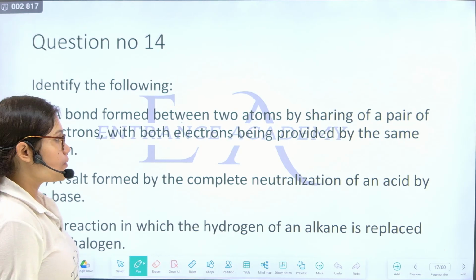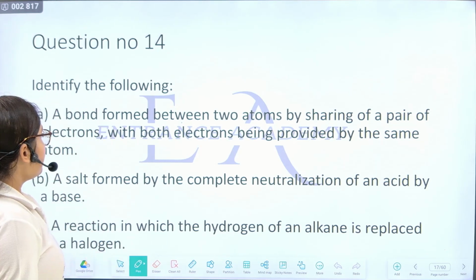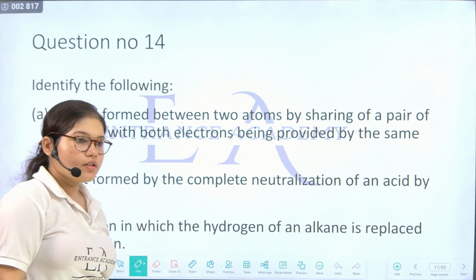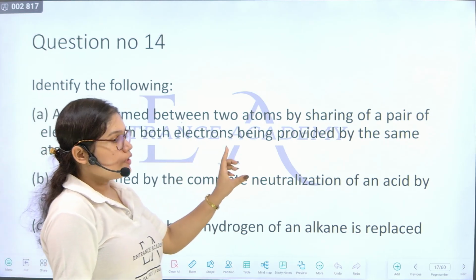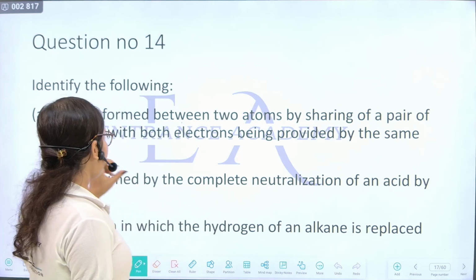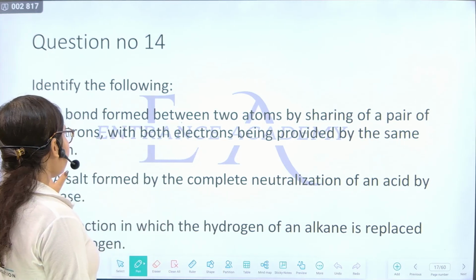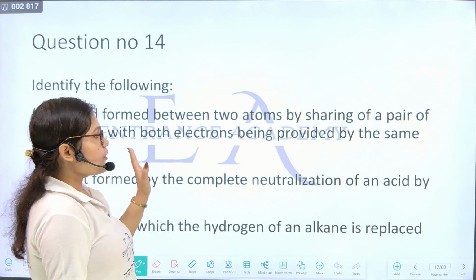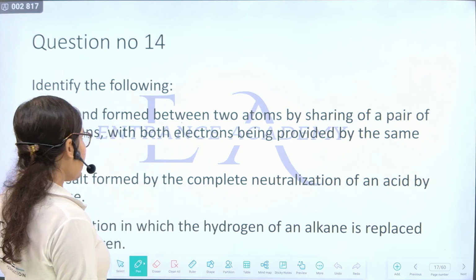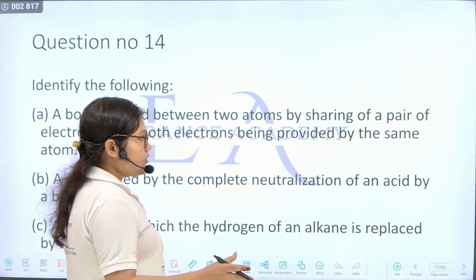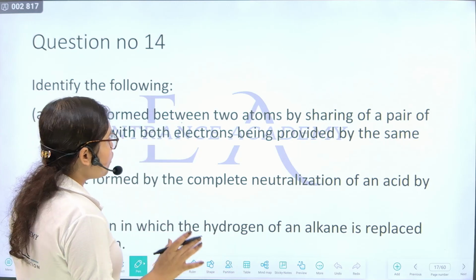Identify the following terms. In these questions, definitions are given and you have to answer in only one or two words. A bond formed between two atoms by sharing of a pair of electrons, with both electrons being provided by the same atom. That is a coordinate bond or dative bond.